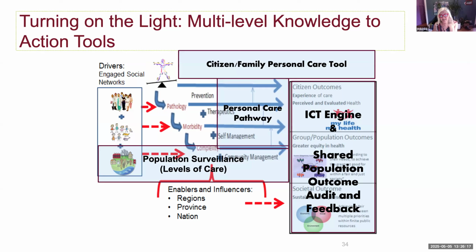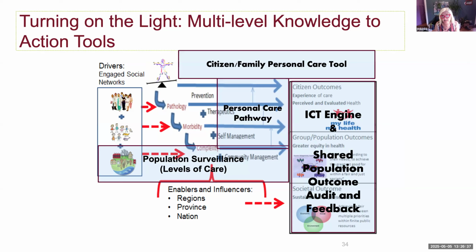Well, this is again just the idea that there's multiple pathways that are built into this model around each person, and each family member has their own personal care tool, which is our Catalyst platform, where they can get feedback about steps they can take to advance goals and reduce unmet needs.